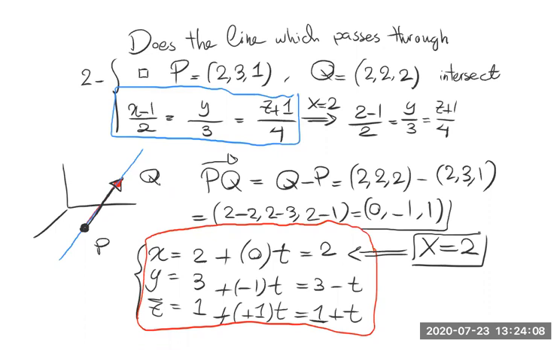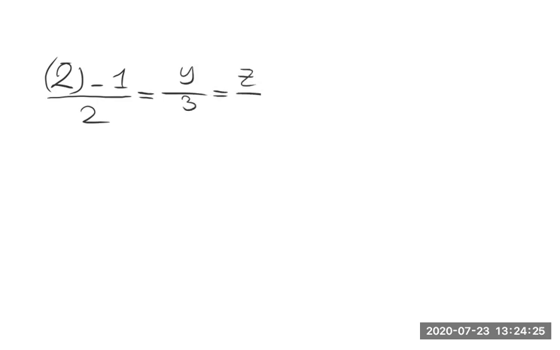Okay, let me write down that thing on the next page. So (2 minus 1) over 2 equals y over 3 equals z plus 1 over 4. That's one line.